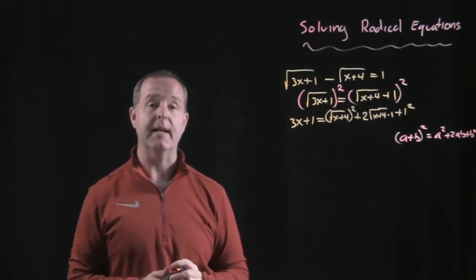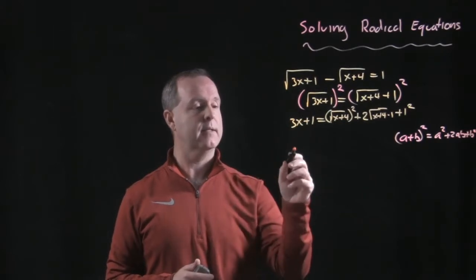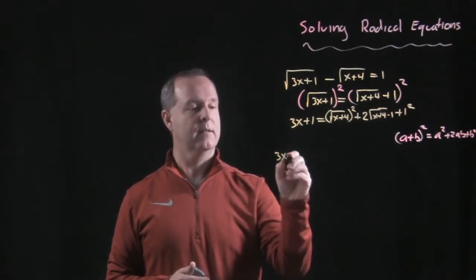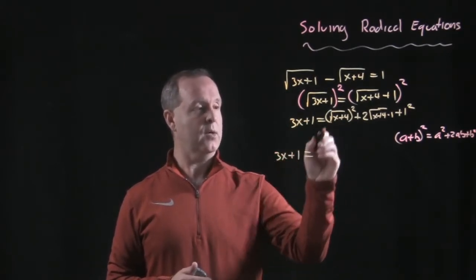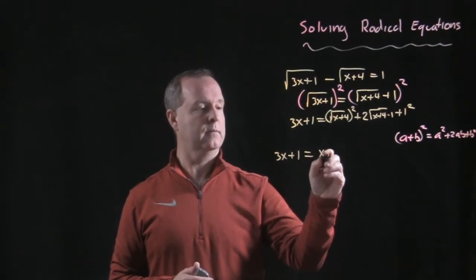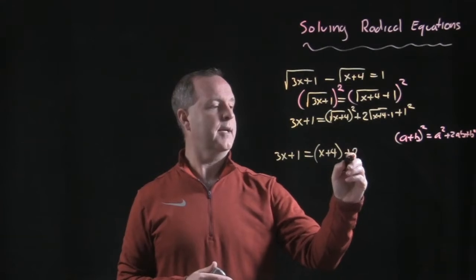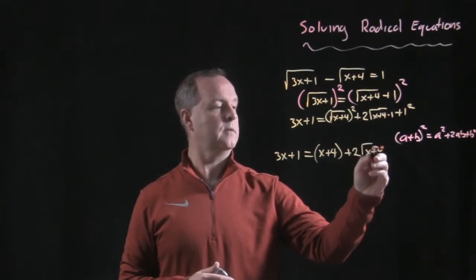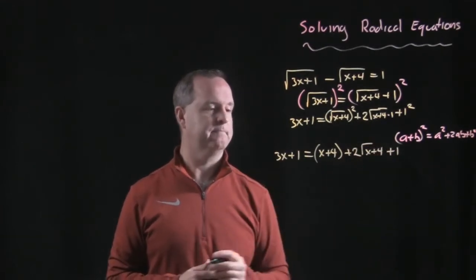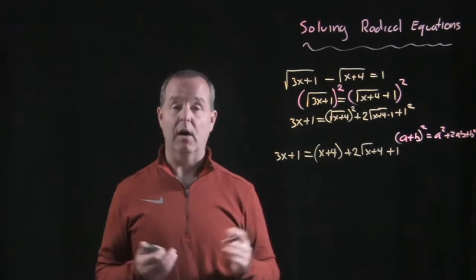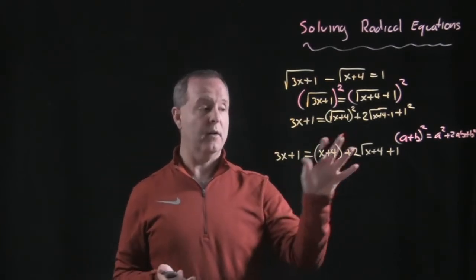All right, let's clean that up a little bit and see what we have going for us. I have a 3x plus 1 equals an x plus 4 plus a 2 times an x plus 4 plus a 1. Are any radicals left over? There are.